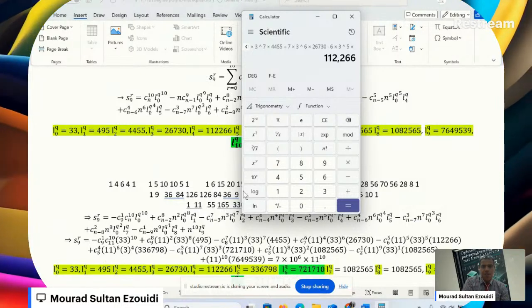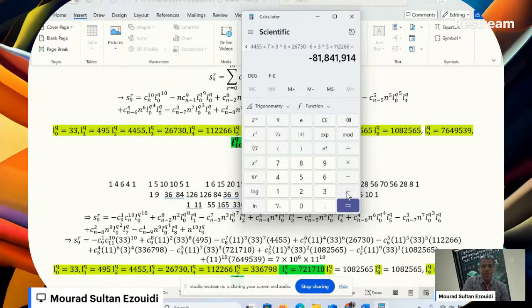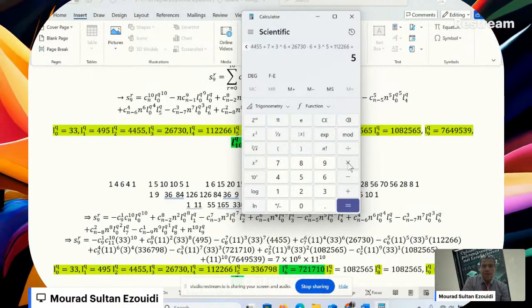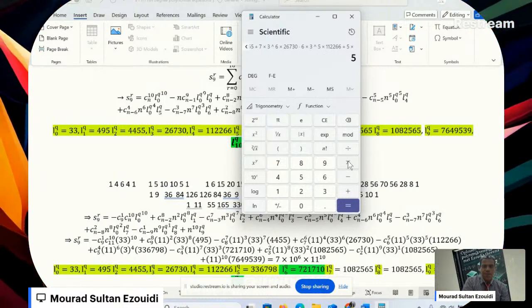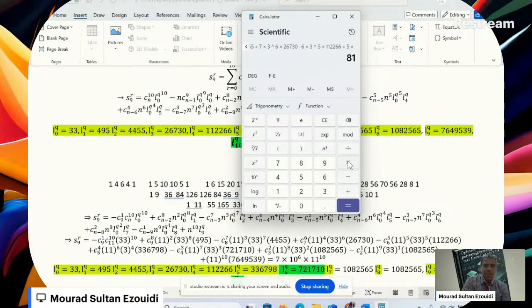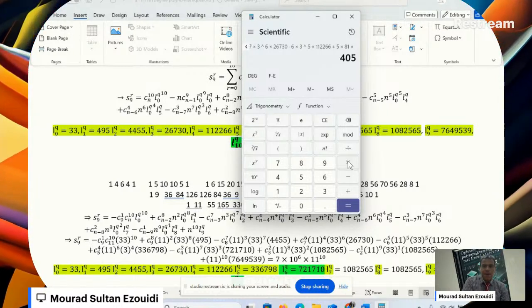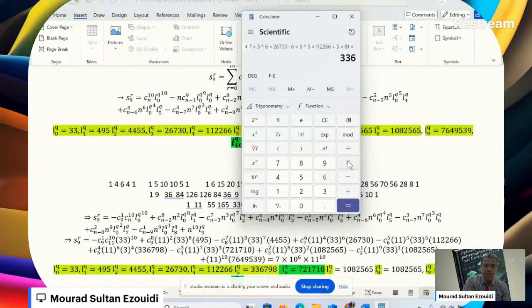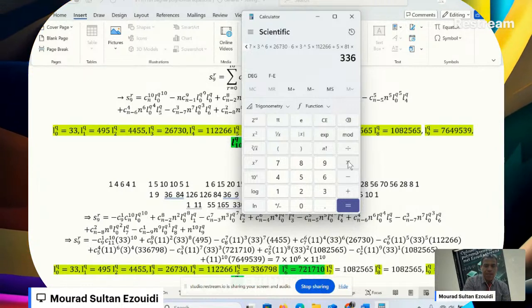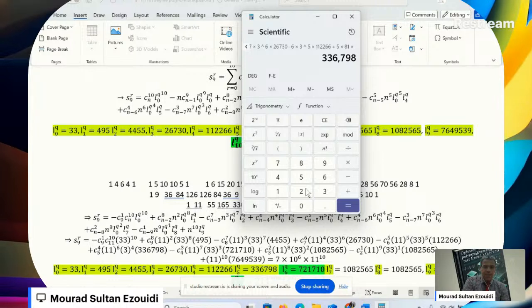Then plus 5 times 3 raised to the power 4, which is 81, isn't it? I will write 81, multiplied by 336,798.